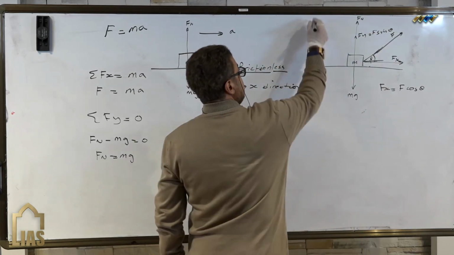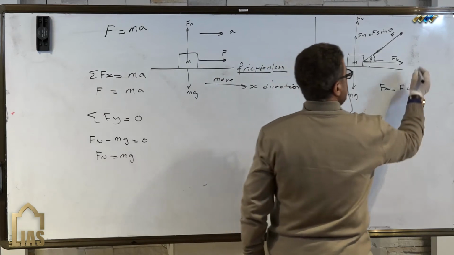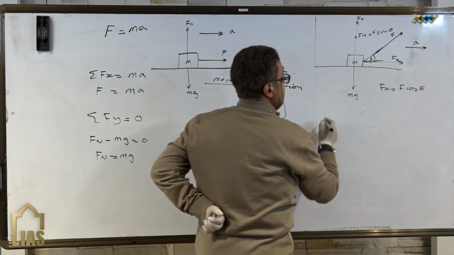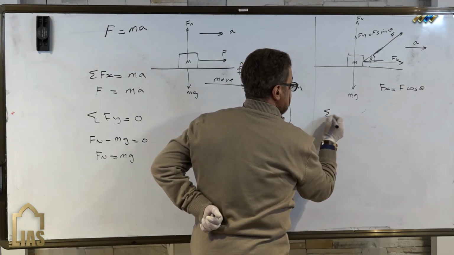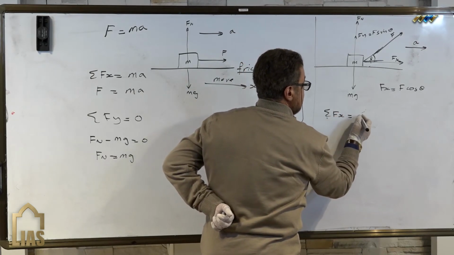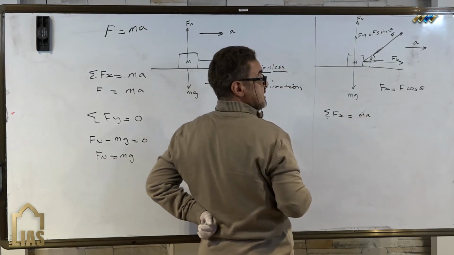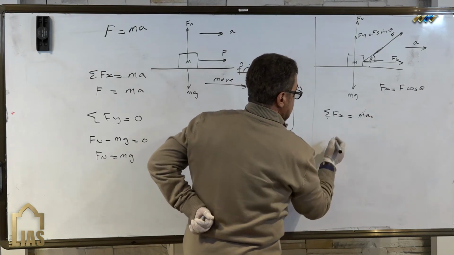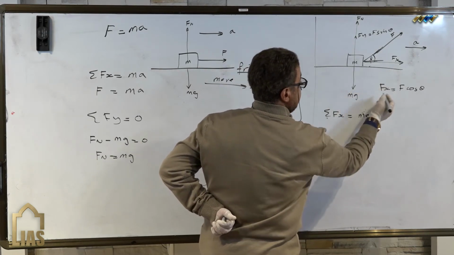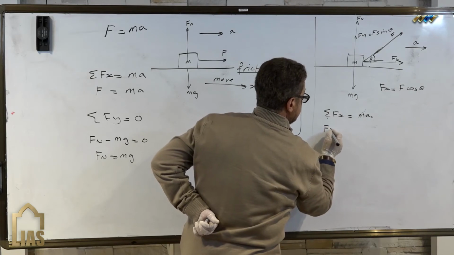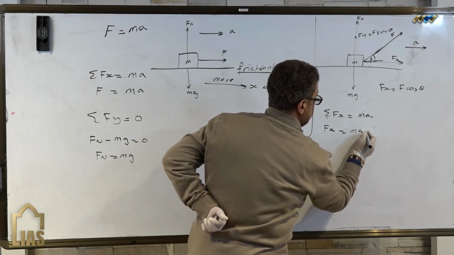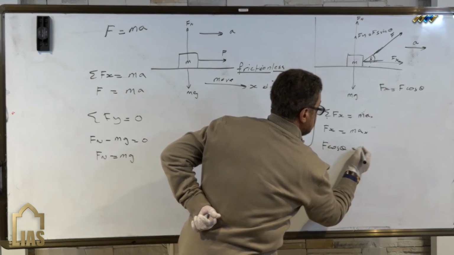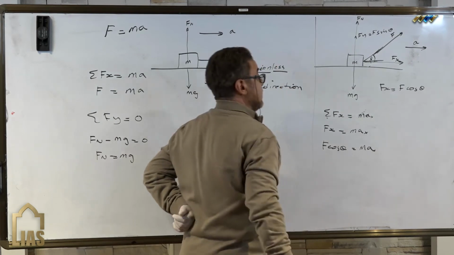In this case, the acceleration a is in this direction. Sigma Fx, moving in the x direction with acceleration, is Fx equal to max, or F cosine theta is equal to ma.